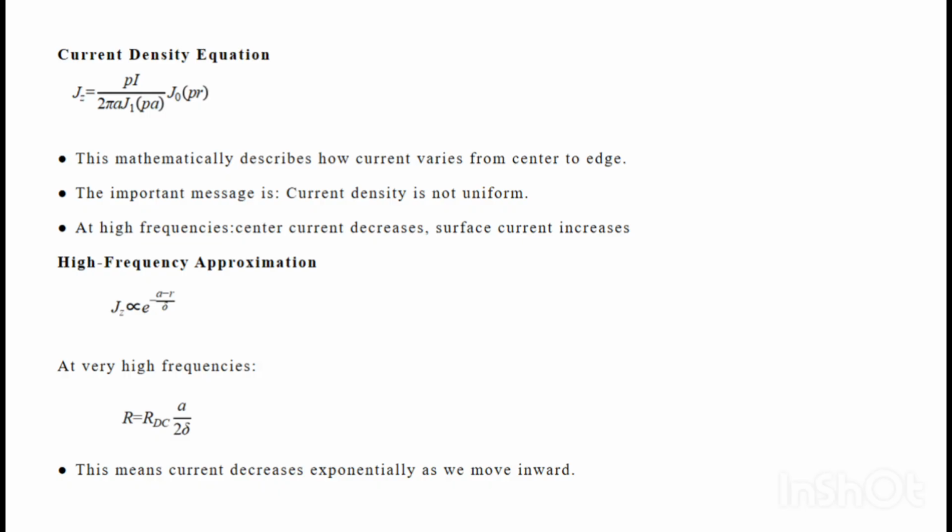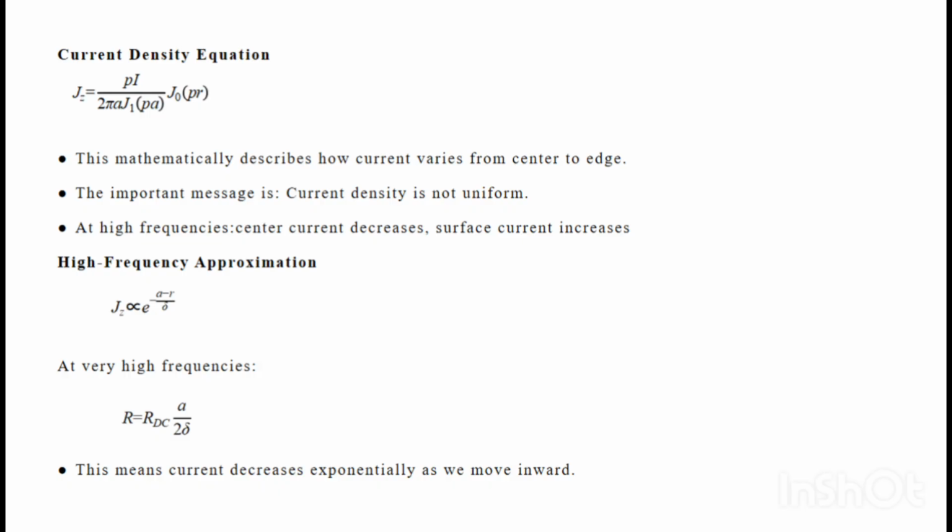These are the zeroth order Bessel's function and the first order Bessel's function. We call J0 of pr the zeroth order Bessel's function and J1 of pa the first order Bessel's function. Why the Bessel's function comes into consideration here is that whenever we take a cylindrical coordinate system and start solving the Maxwell equations, the solution naturally becomes a Bessel's function.